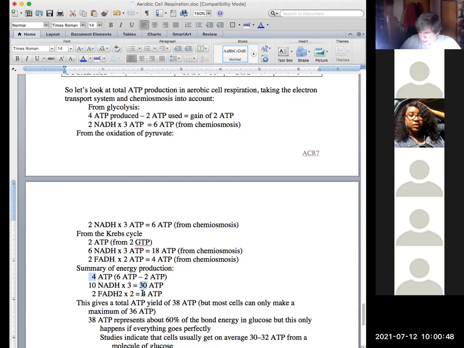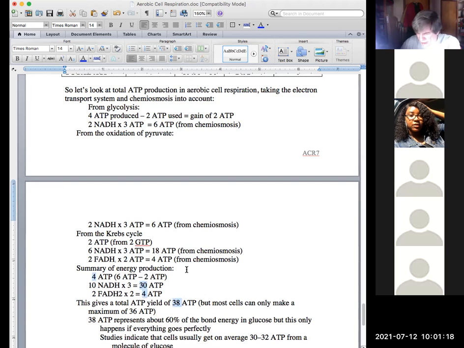We got 30 ATP here and 4 here, and there's a mistake. Yeah, see, this is really 6 minus 2. So we got 4 ATP, 30 ATP, and 4, 38 ATP. So you can get a max of 38 ATP when there's oxygen available to metabolize the pyruvate.